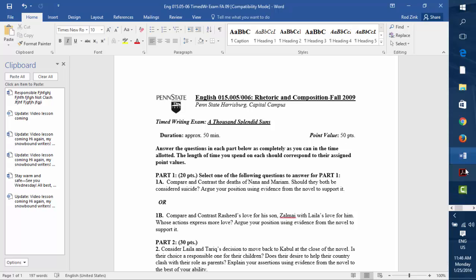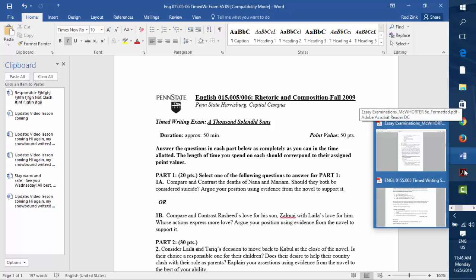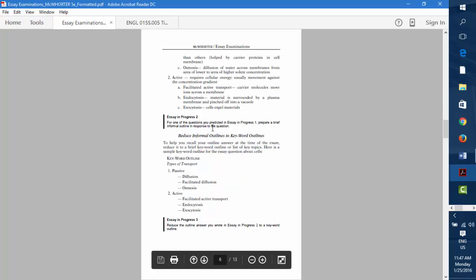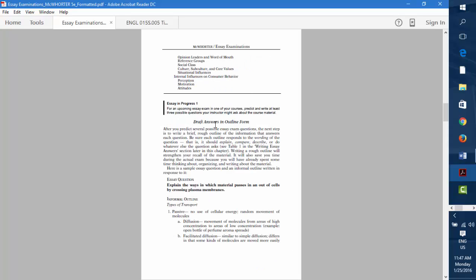And this kind of goes right along with Mick Warders. So here she starts talking about formal words, draft answers in outline form.